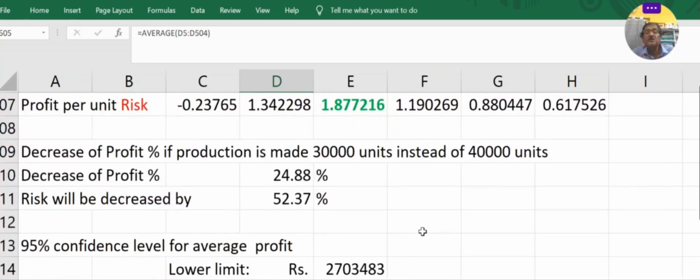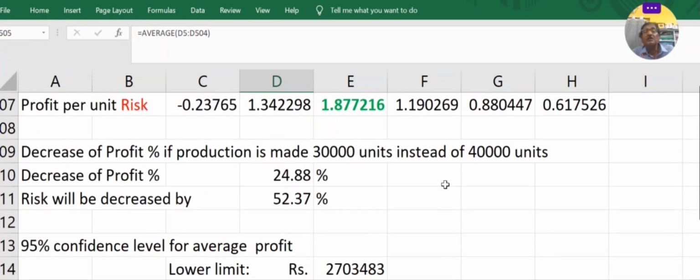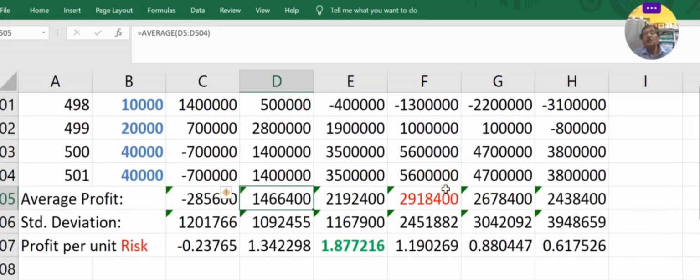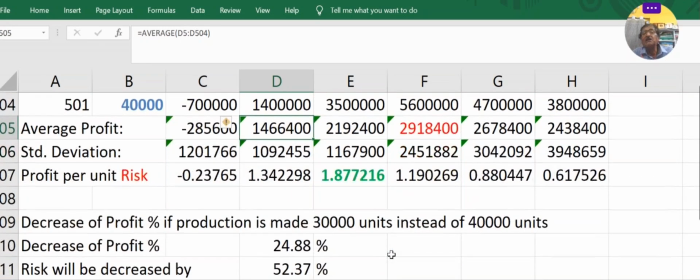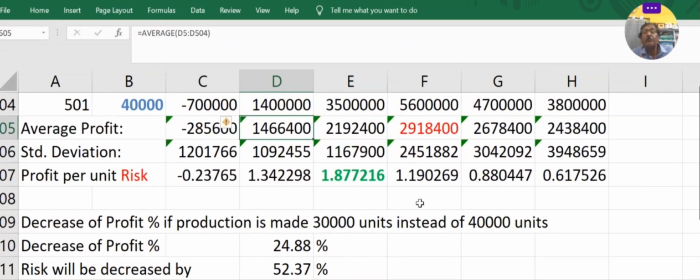But sometimes we see a few persons are risk averse. They don't like to take maximum risks. For that purpose, again, this calculation is shown here. If instead of 40,000, 30,000 units are produced, then how much will the profit decrease? You can check. This is also done through formula.